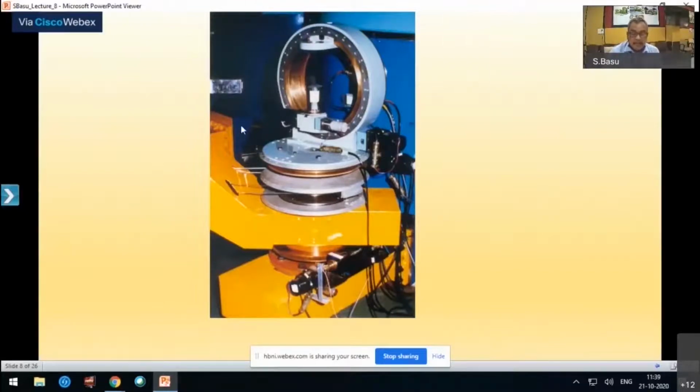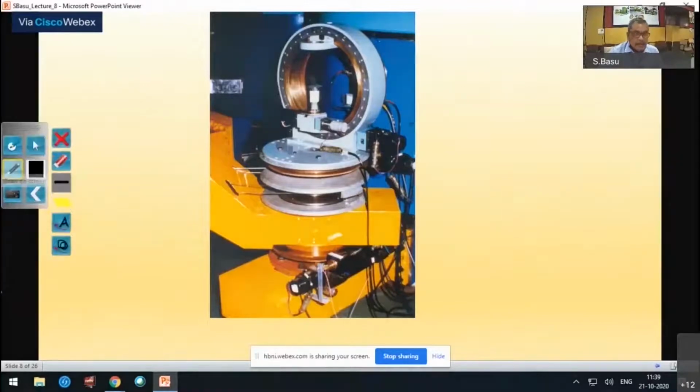It's heavy, it needs to be shielded. So we prefer that the neutron detector moves on a horizontal arc around the sample. This is the detector arm, which you can see, moving in a horizontal arc around the sample, and this goniometer brings the reflected beam down to the horizontal direction.